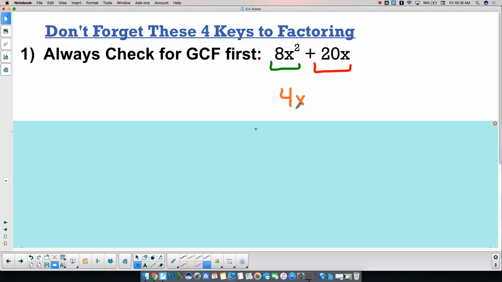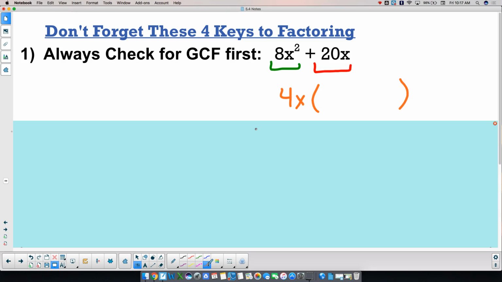Okay? Then, what I do is after I determine what my greatest common factor is, then I go back and I divide each of the terms by that greatest common factor. So that what's inside the parentheses is still the same size as what I started with. So in this particular case, we started with a binomial, a 2-termed expression.